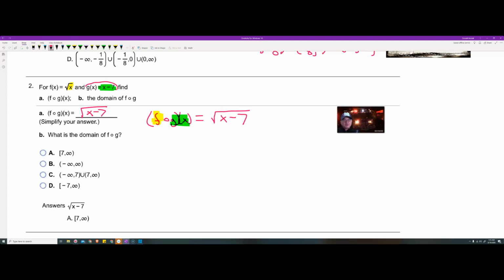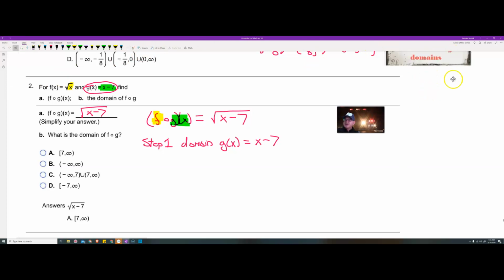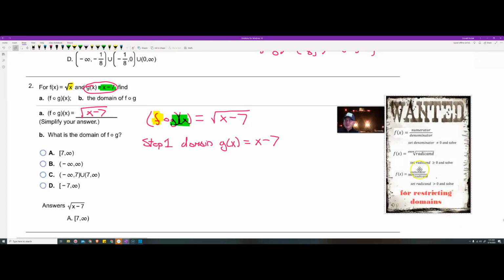Find the domain. Step 1 is, what's the domain of the inner function? So in that case, that's the domain of x minus 7. Well, this has no restrictions on it because it doesn't have a variable in a denominator. It doesn't have a variable underneath a radical. It doesn't have any of these items that are listed in my wanted poster.